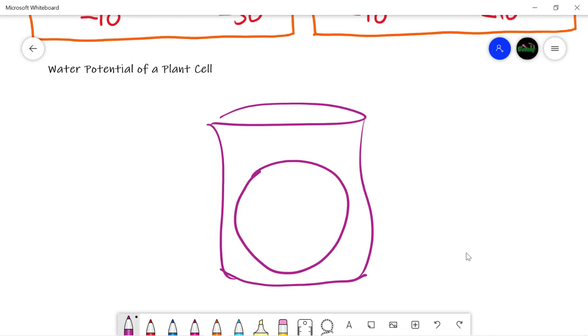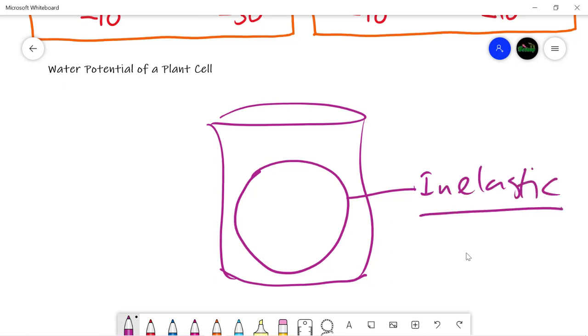Now this container has a membrane which is inelastic. So this is a hypothetical ideal membrane which does not stretch when water enters from the beaker into this container. Although it is semi-permeable, it allows the movement of water into this container. This is container A and this is container B.